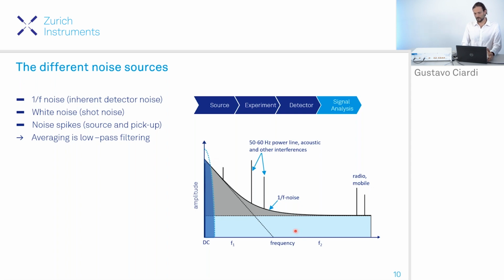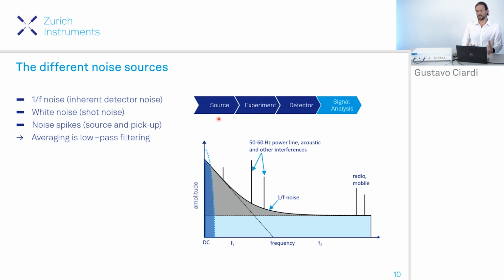Then we have this light blue background, generally referred to as white noise. Then there are also some noise spikes, coherent pickups, for example the common ones from the 50-60 Hertz power line where we plug our instruments.